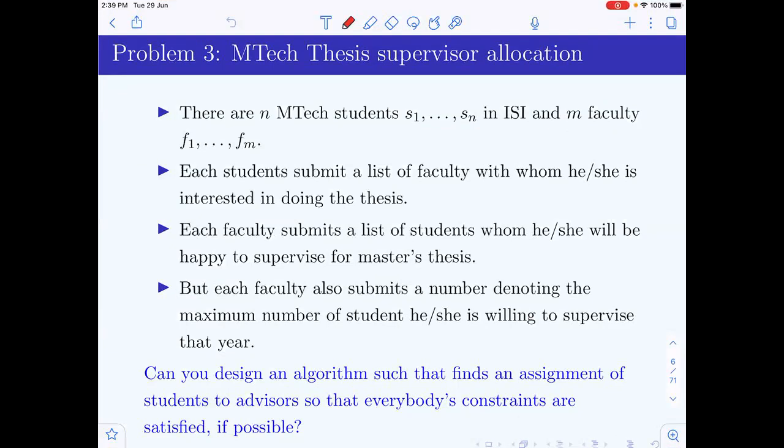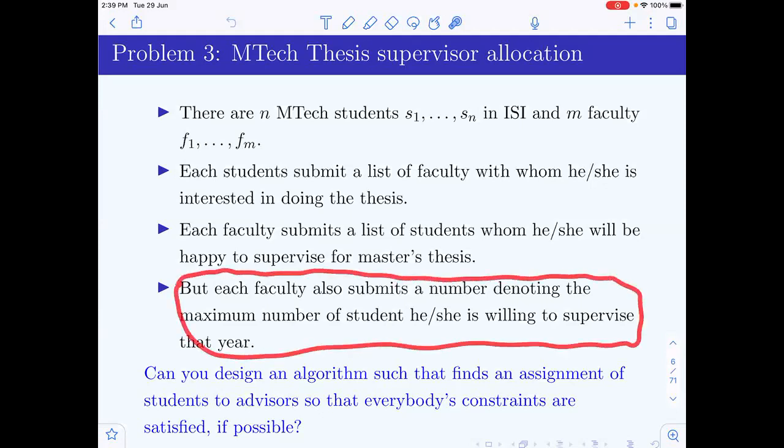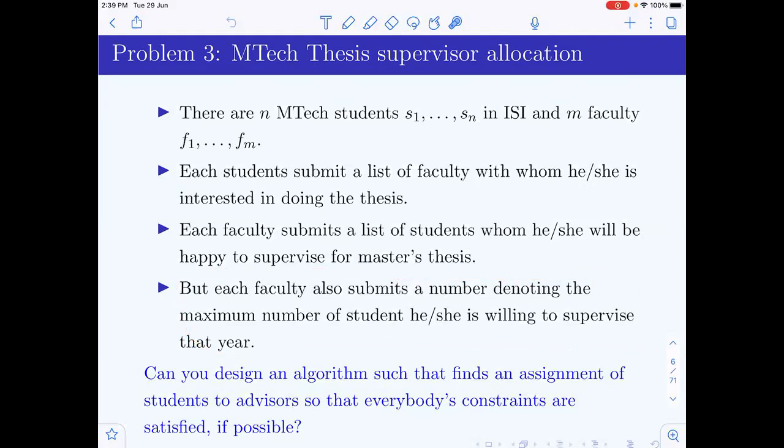So this was the problem that was already discussed in the class, right? But let's start from here. In the last class, we were looking at this problem, and we converted it to a flow problem in which we assume that each faculty can take only one student, and we wrote an LP for that also.